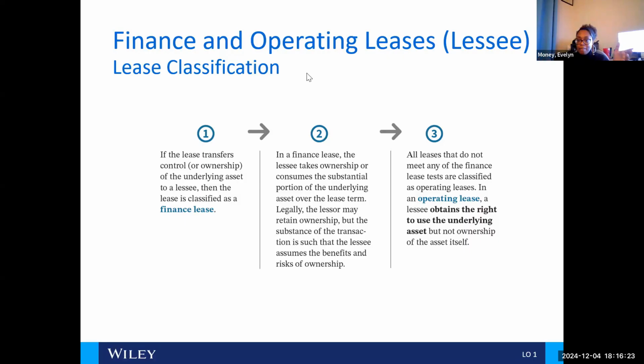When the transaction looks like that, we have to make sure we do the entries a certain way so that it is clear to the users of the financial statements that this is kind of like the lessee is borrowing money and paying for the use of this asset, versus just a regular old lease agreement that ends after a couple of years.